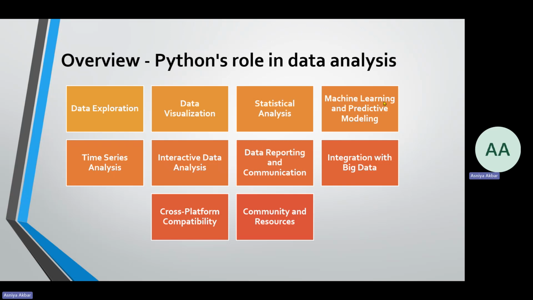We also have machine learning and predictive modeling. Python's another library, called scikit-learn, is widely used for machine learning tasks. It enables building models for classification, regression, clustering, and so on.